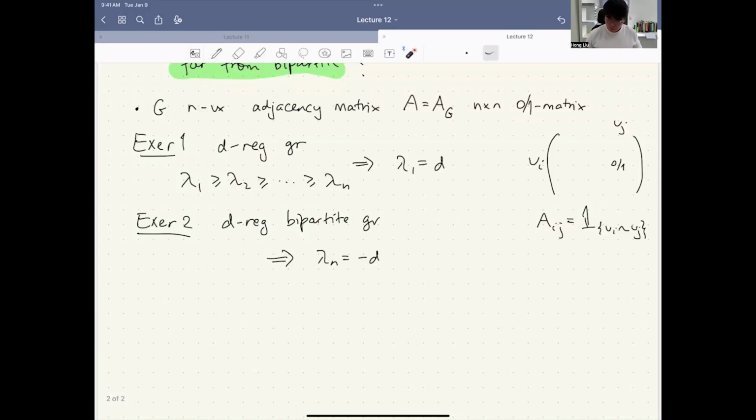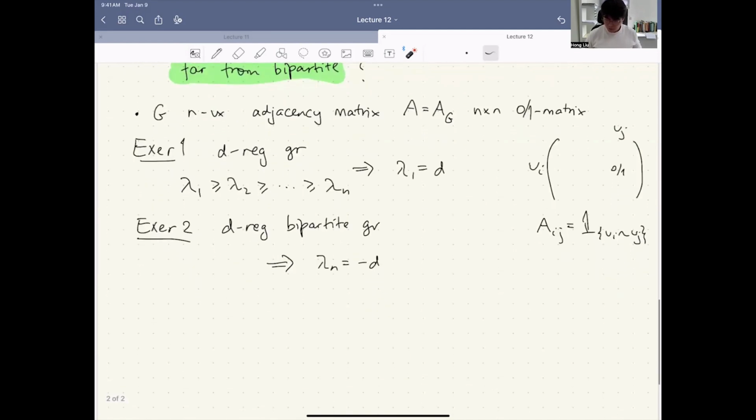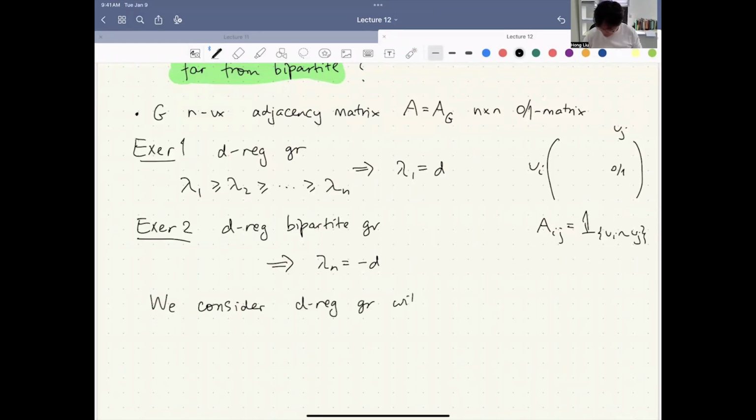Now we consider d-regular graphs with smallest eigenvalue λ_n bounded away from, larger than, negative d.